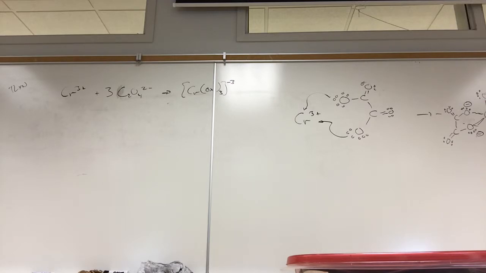So is it 2 valence electrons, the 4s? This is testing your Chem 1A knowledge. How many valence electrons does chromium 3 plus have? That's in chapter 9 or 10. It's 0. It has 0 valence electrons.